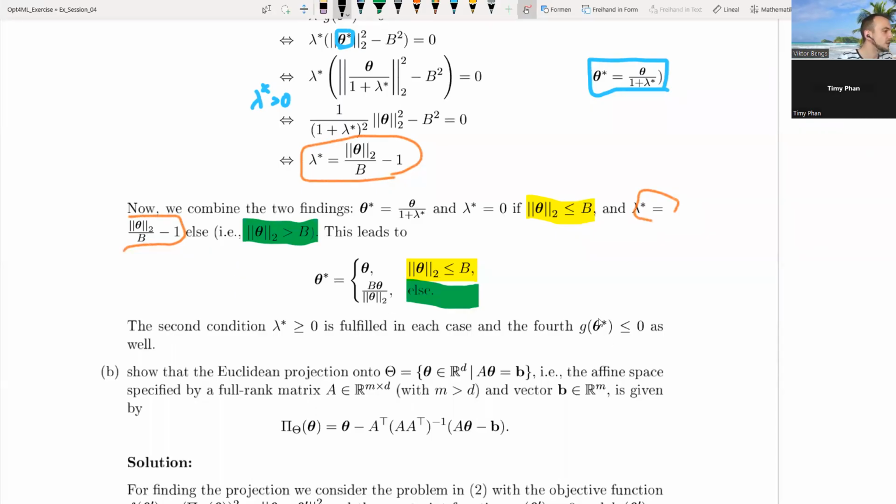And the fourth condition, that the found solution, the local minimum theta prime, is fulfilling the inequality constraint. Yeah, this is also easy to check because, well, in this case, it is inside the ball. In the other case, we make sure that the length of the theta prime will be exactly b, so that the inequality constraint is also fulfilled.